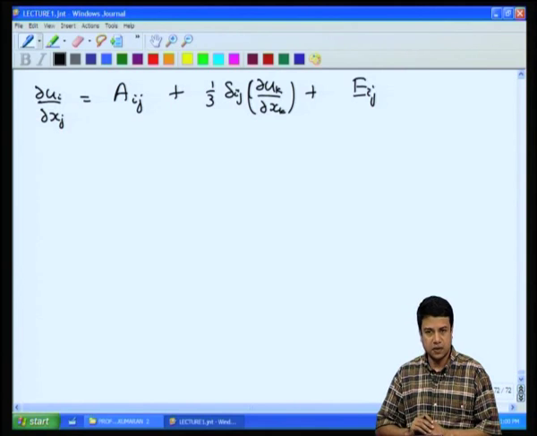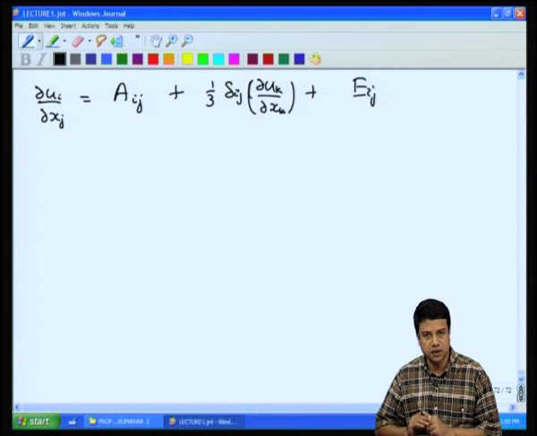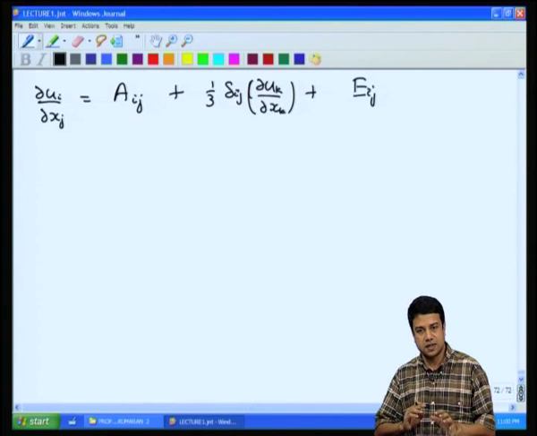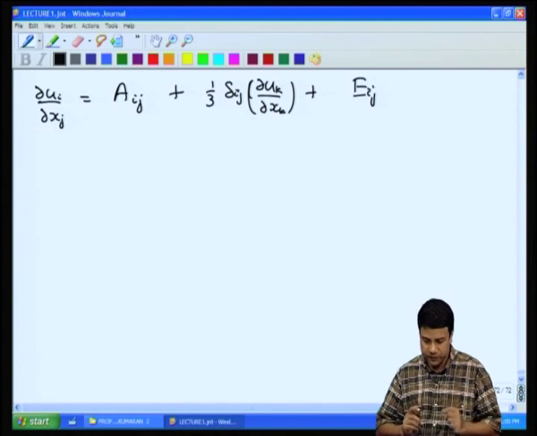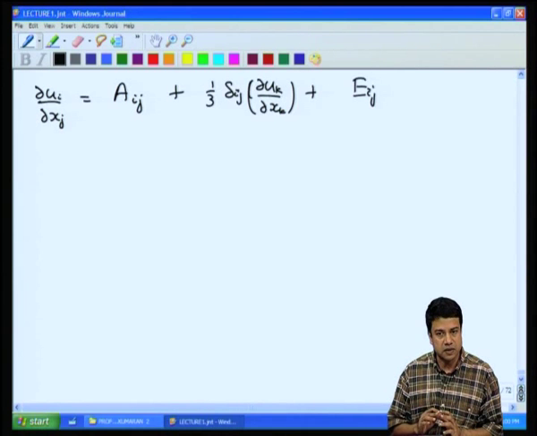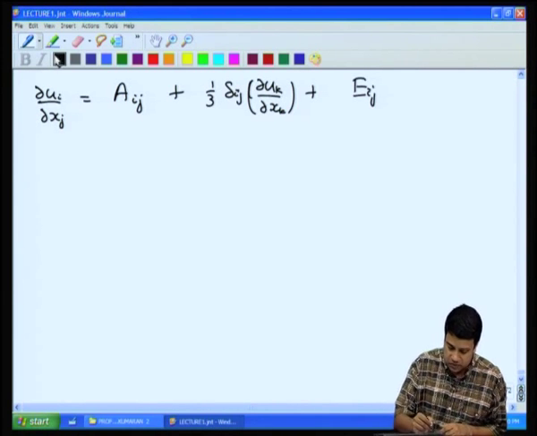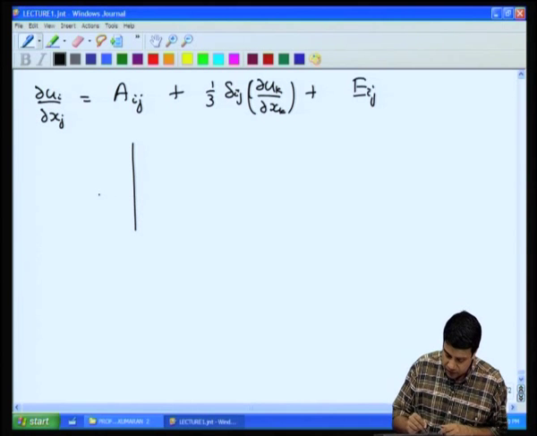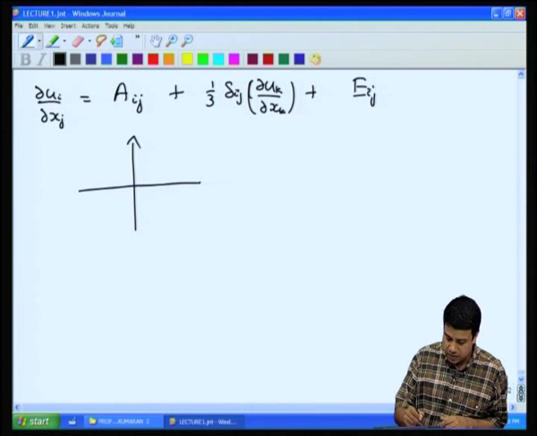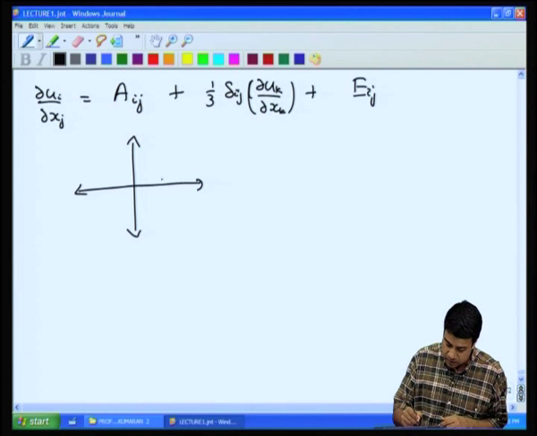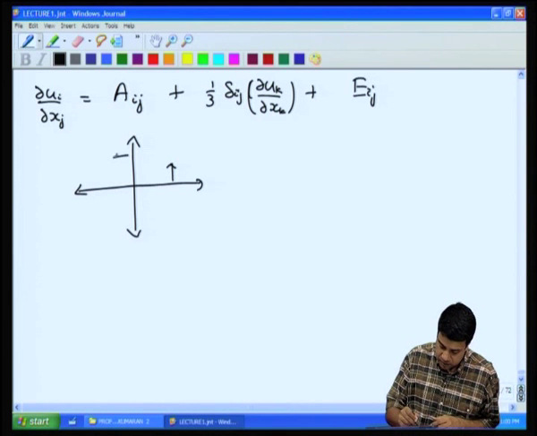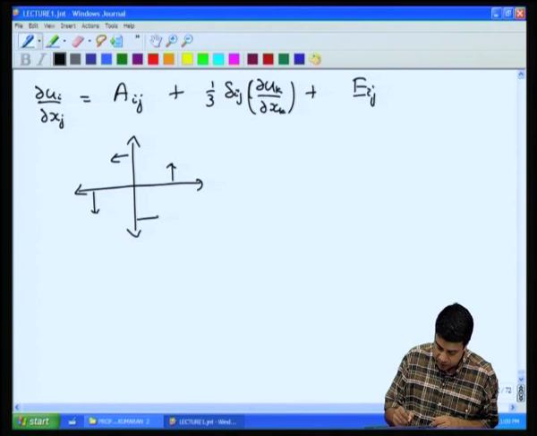And I had shown you that there are specific forms of deformation associated with each of these 3 components. This tensor I have separated into antisymmetric, isotropic and symmetric traceless. And if you look at the local deformation corresponding to each individual part, you find for the antisymmetric part, the deformation is basically a solid body rotation.